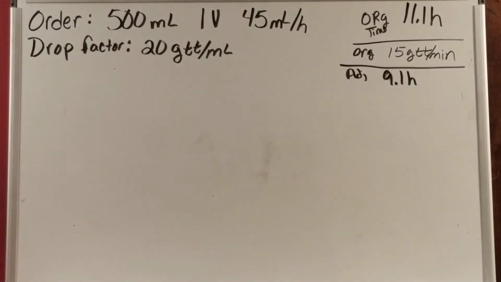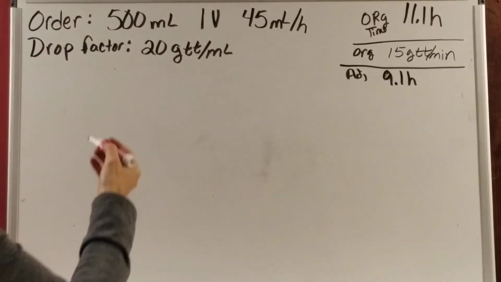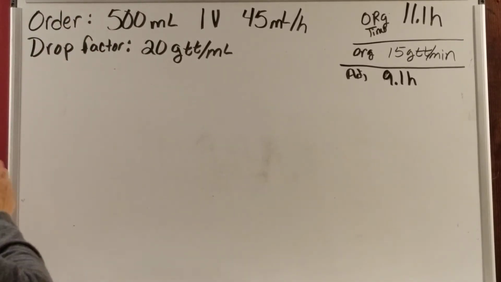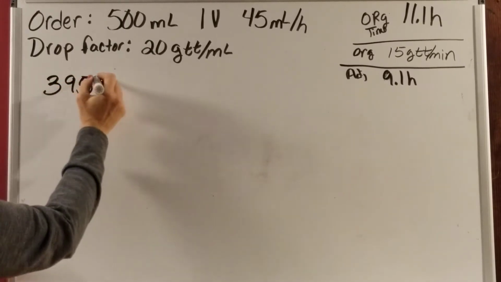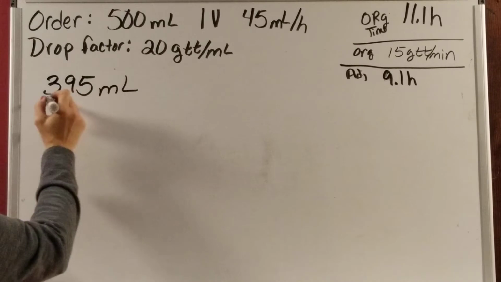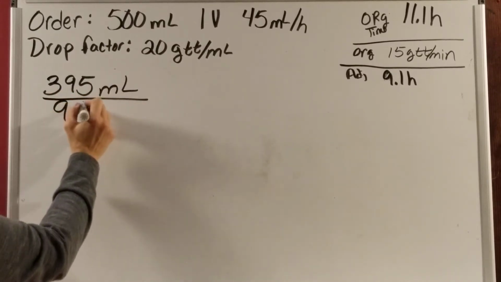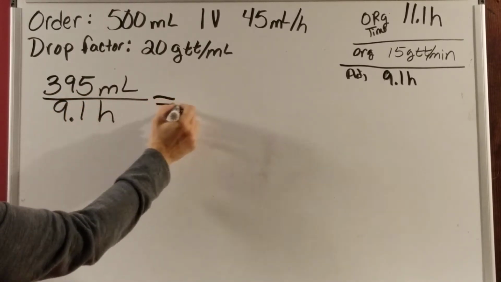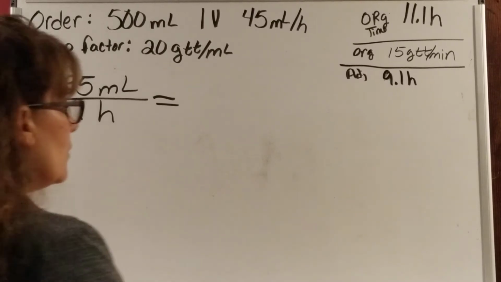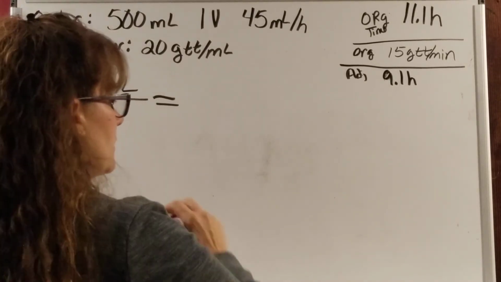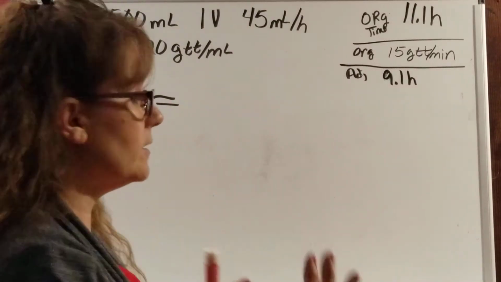Alright, so now let's figure out the flow rate in milliliters per hour. If we have a remaining volume of 395 milliliters, and then we have this 9.1 hours left, we're going to say 395 divided by 9.1, and we're going to round to the nearest whole number.